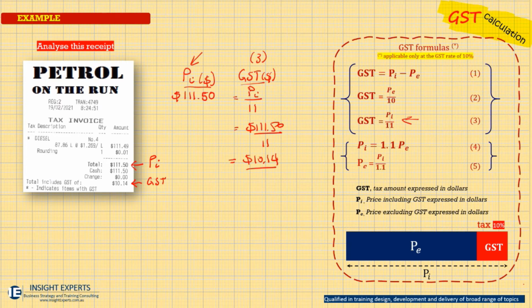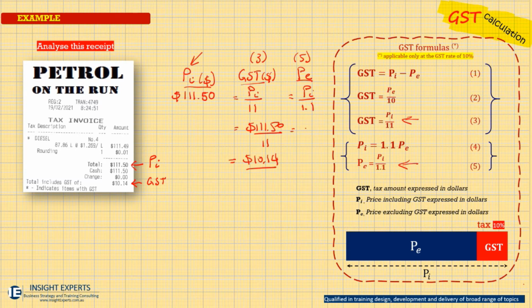Now, what about the price excluding GST? Normally you don't see that on the receipts, but for the sake of this example, we're going to try and calculate it. There's many ways of doing it. You can use equation number 1, you can use equation number 2, but I've decided to use equation number 5 here. So from equation number 5, which states that the price excluding GST can be calculated by dividing PI, this time by 1.1.